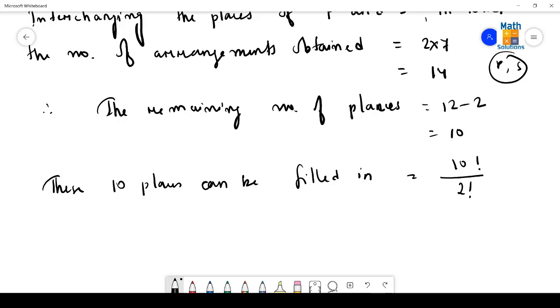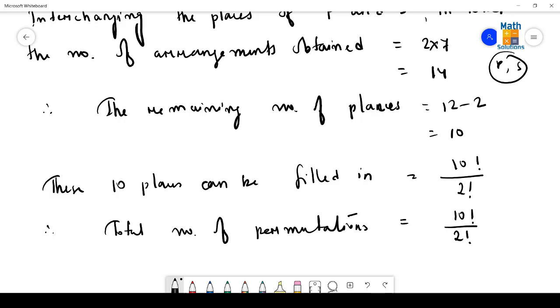Repetition of the letter T. Therefore, the total number of permutations will be equal to 10 factorial divided by 2 factorial into this 14, which I have to take into account for specification. This should be more distinct because we have to consider the case where there should be 4 letters in between P and S.